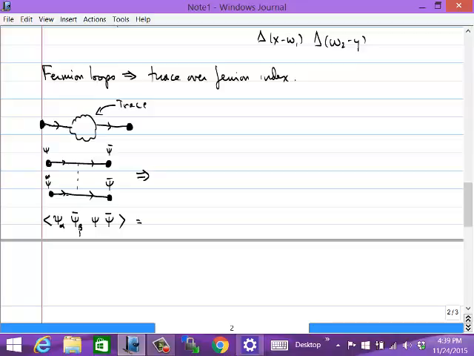So I'll call that a psi alpha, psi bar beta, psi gamma, psi bar delta. Then what will this be? Well, you'll get 2 copies of the coupling constant squared, iy squared. Then you have to integrate over the locations of the vertices. So I'll put them at w1 and w2. So you get an integral d4 w1 and an integral d4 w2.